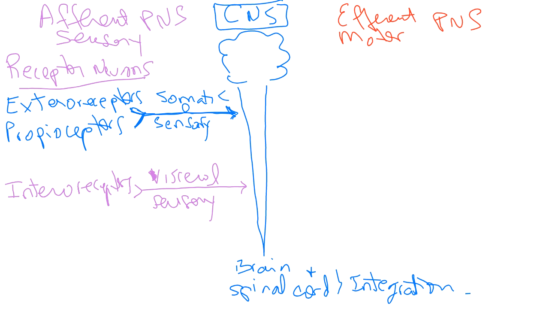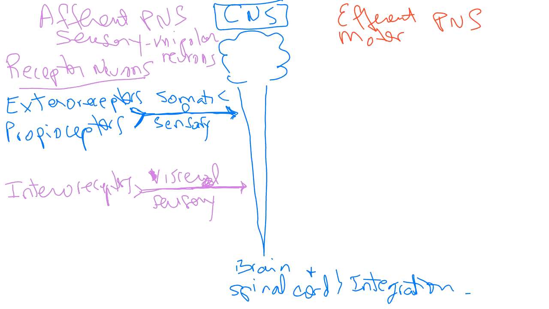So unipolar neurons are the ones that have the little body to one side and the one appendage going from one place to another. So sensory or afferent PNS division uses unipolar neurons. Again, bipolar also, but by far, nearly all of them are unipolar. So that's the afferent sensory PNS division.